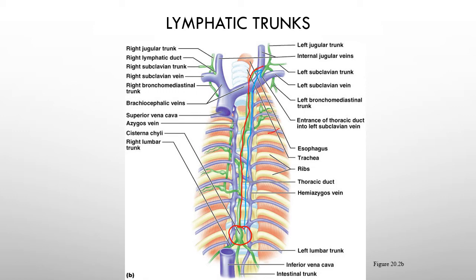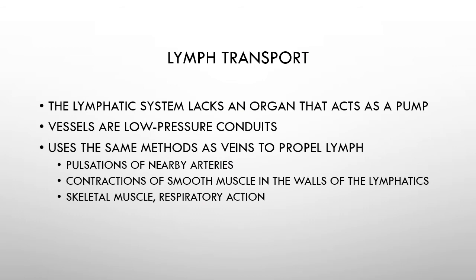It's receiving fluid coming from the left side, coming down from the left jugular and the left subclavian, all joining into that thoracic duct. The right side is receiving fluid coming up from the chest on the right side, coming down from the right jugular, the right subclavian, and then the right bronchomediastinal. And that is it. So the right side has tremendously less fluid drainage than that of the left side.